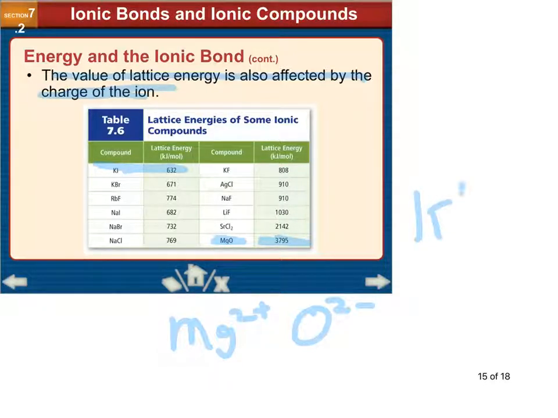K has a 1 plus charge, I has a 1 minus charge, and K is a fairly small ion, and with just 1 plus, 1 minus charges and the size, we get a fairly small lattice energy, which is why that substance had a lower melting point and boiling point.